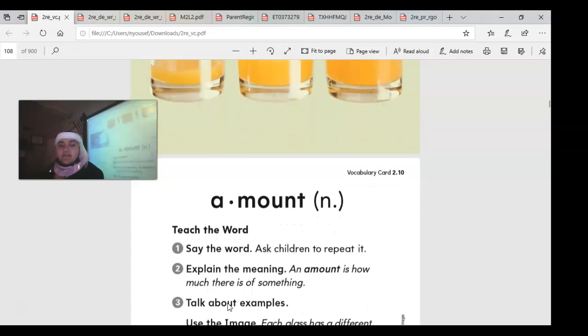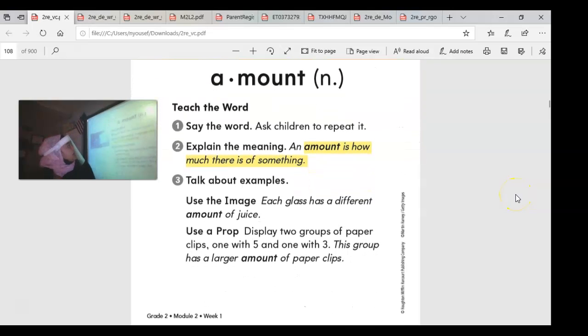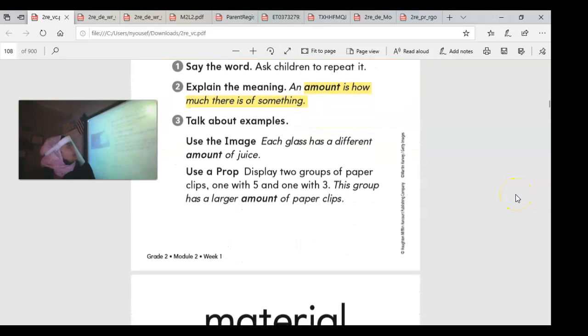So next to the word amount, I want you to write: an amount is how much there is of something. My onliners, please do the same.